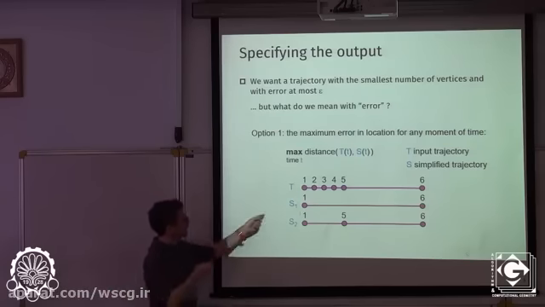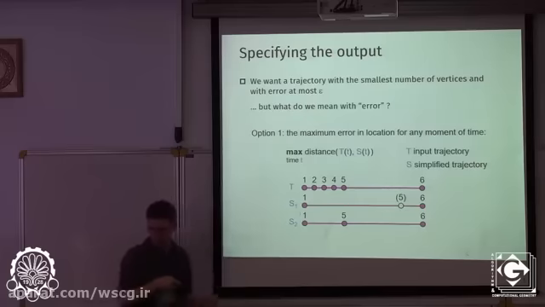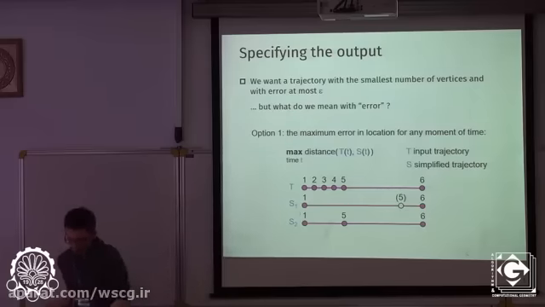Because if you look at this simplification and think about where I am after 5 minutes, that would actually be somewhere here. So a line simplification does not preserve speed in the trajectory data.